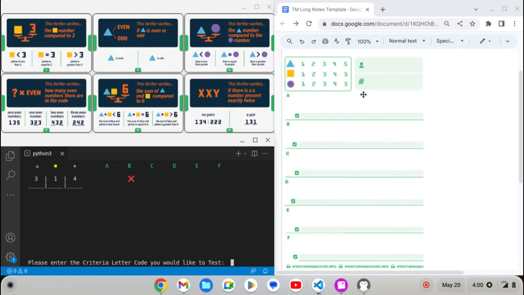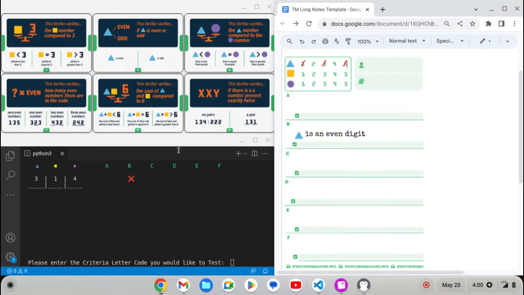So in my notes for criteria card B, I'll write that triangle is an even digit. Since it disapproved of my odd digit, triangle must be even. And so I'm going to come up above and eliminate all of the odd digits from triangle. It can't be 1, can't be 3, and it can't be 5.